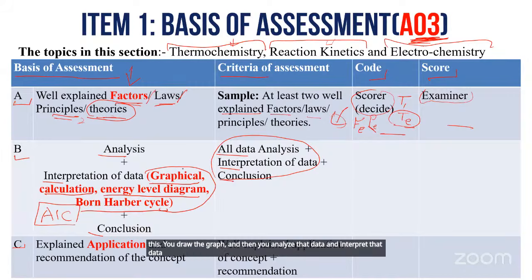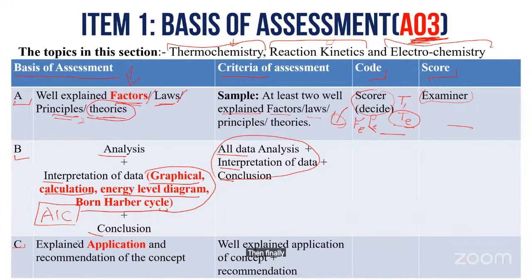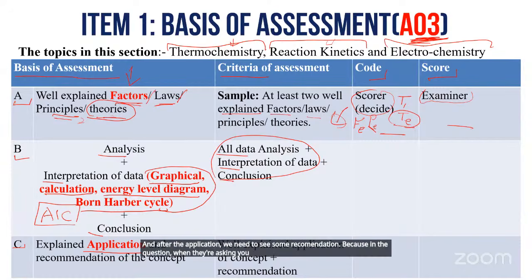At the end of it all, we need to see the conclusion. Then finally, we need to see application. And after the application, we need to see some recommendation. Because in the question, in that task, there are some people you're trying to help out. So recommend to them.